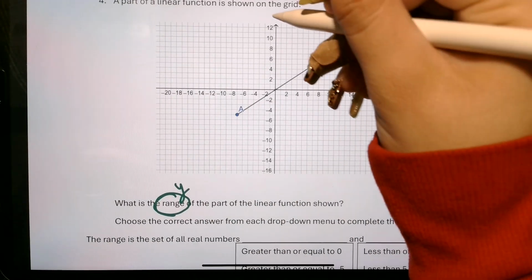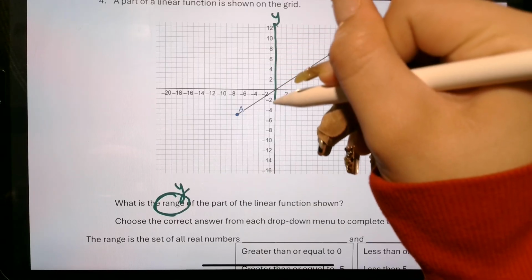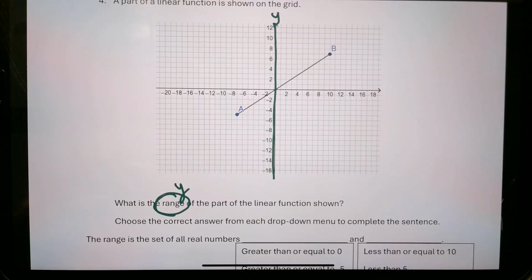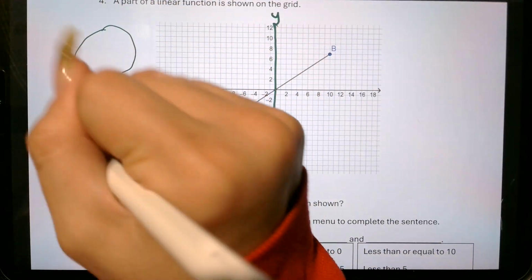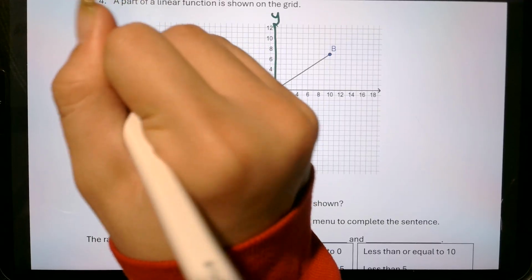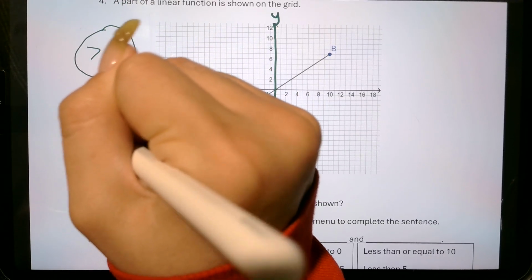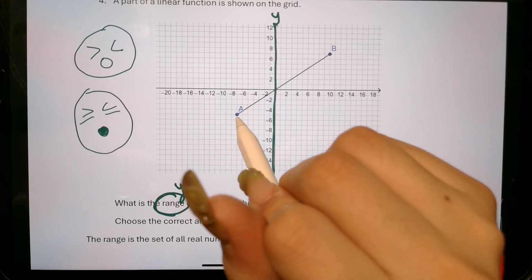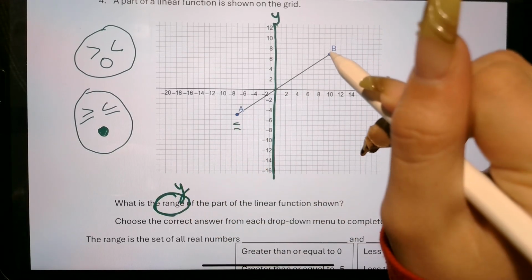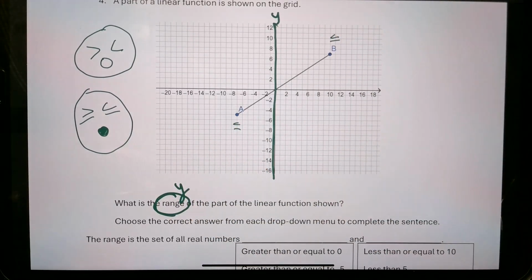So first of all, remind myself I'm looking only at the y-axis. Now let's see. Well, it's continuous, so we're going to need our little faces. Closed circle, closed circle.